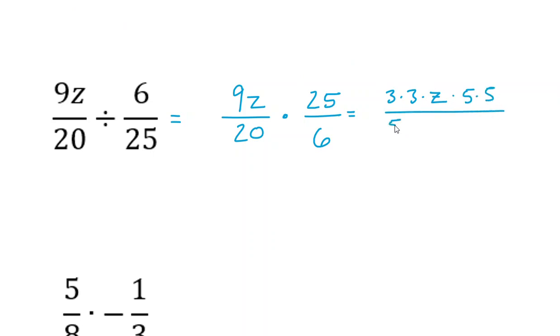And 20 is 5 times 4, which is 2 times 2, and 6 is 2 times 3. So there I've factored everything out, and now I'm going to cross off the bits that are the same. And then I'm going to multiply it all back together again. 3 times 3 times 5 is 45. And then the z. 2 times 2 times 2 times 3 is 24.